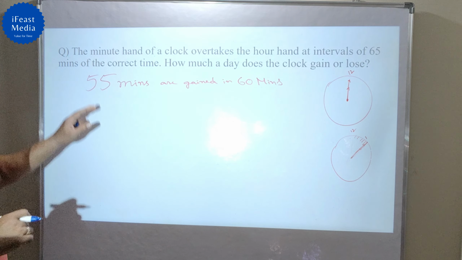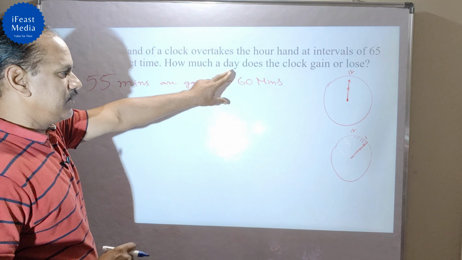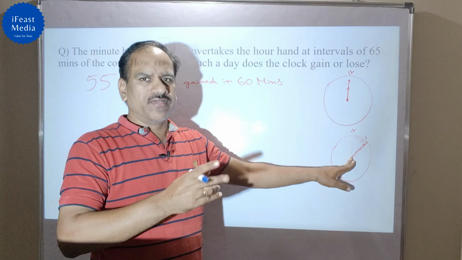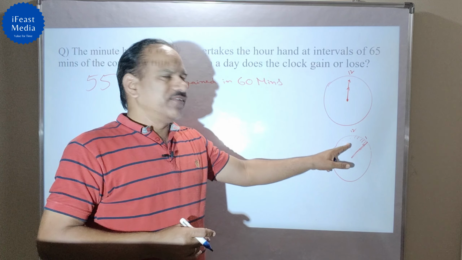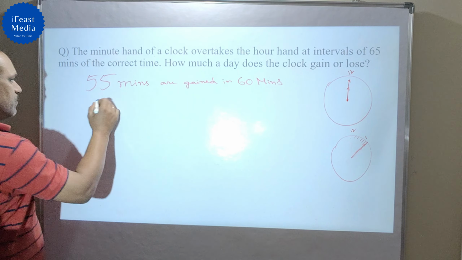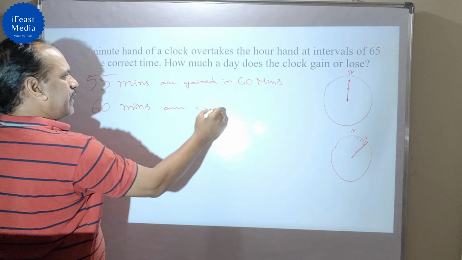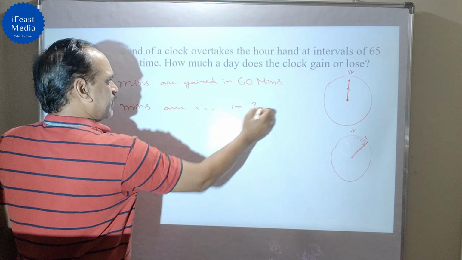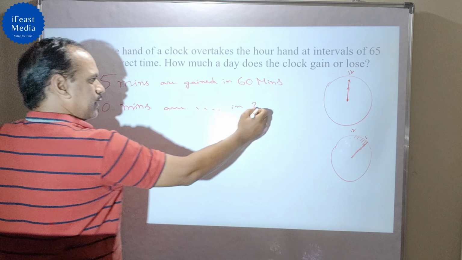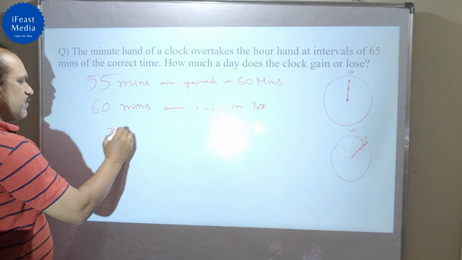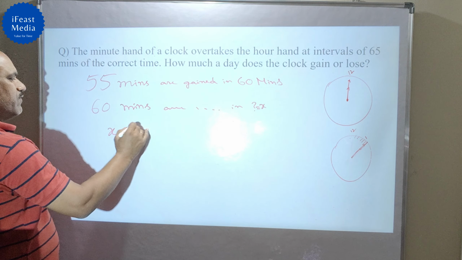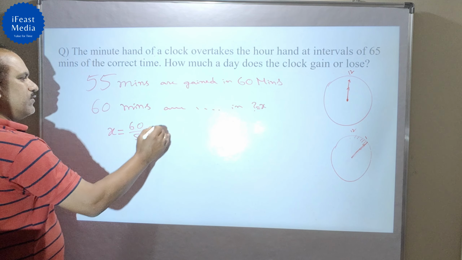55 minute spaces are gained in 60 minutes. When both the hands are coincident again, how many minute spaces are gained by the minute hand? So 60 minute spaces are gained in how much time? Let it be x. Then x equals 60 by 55 into 60.